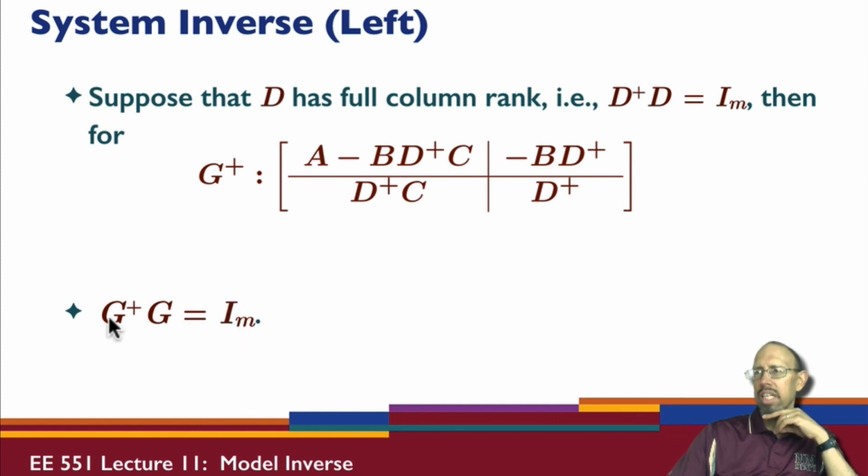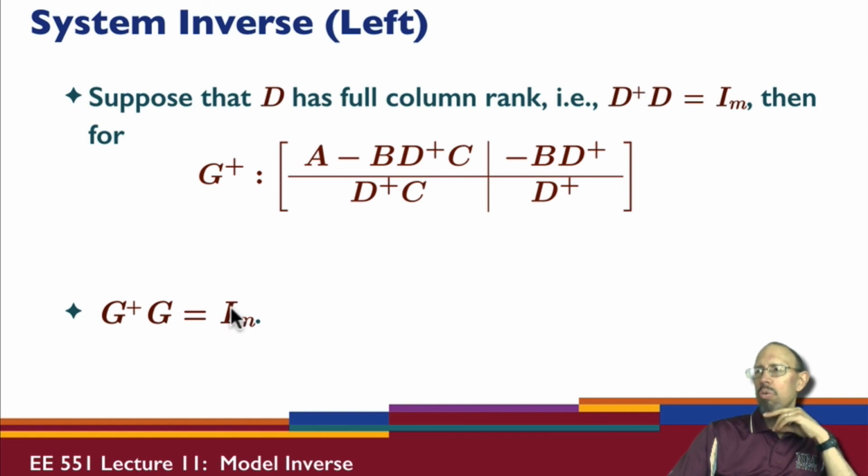And it's like, wait a second, hold on. G has poles, and G pseudo-inverse is going to have poles associated with this. So how is it possible that when you multiply these two things together, I get an identity matrix that has no poles? It's a constant matrix. How does that work?